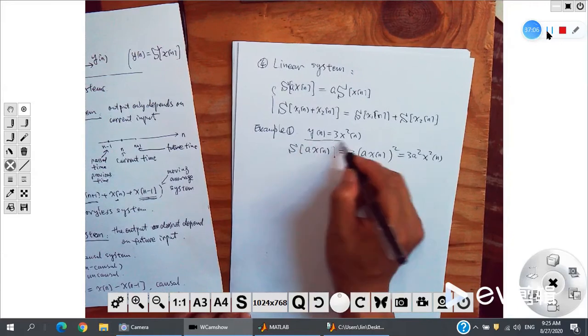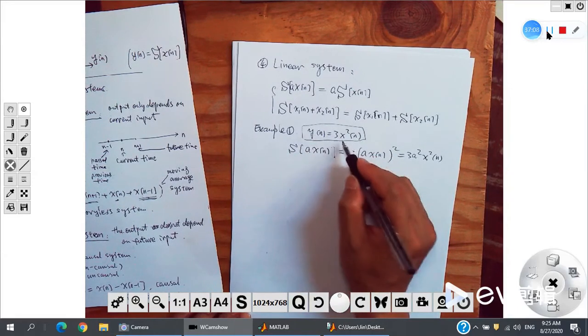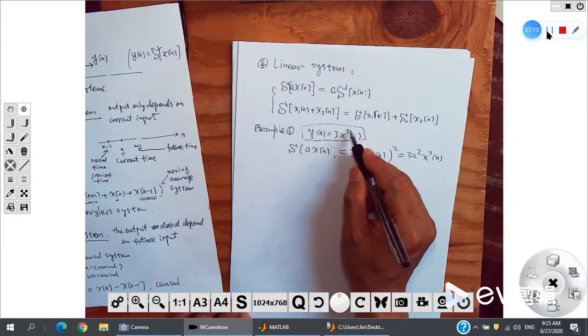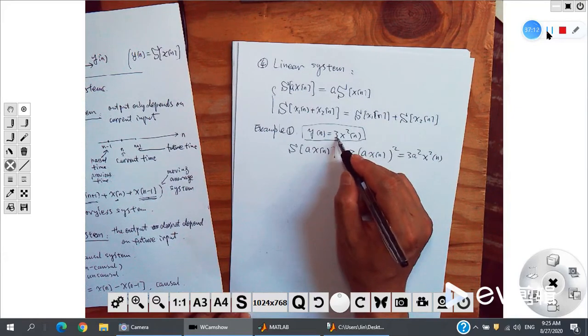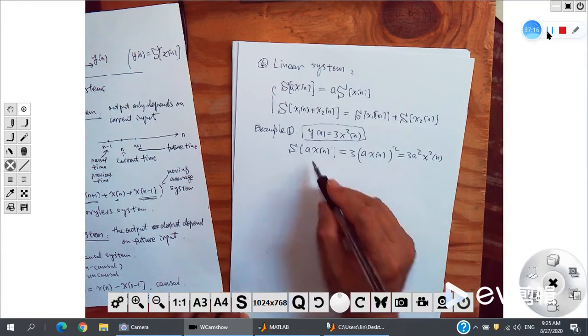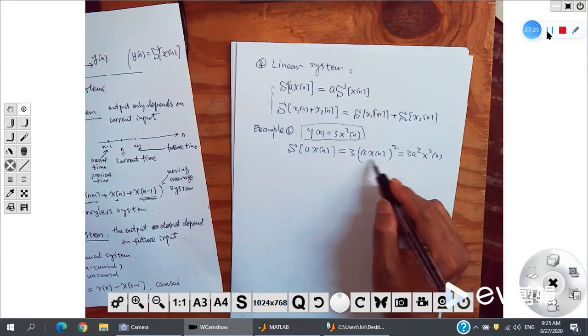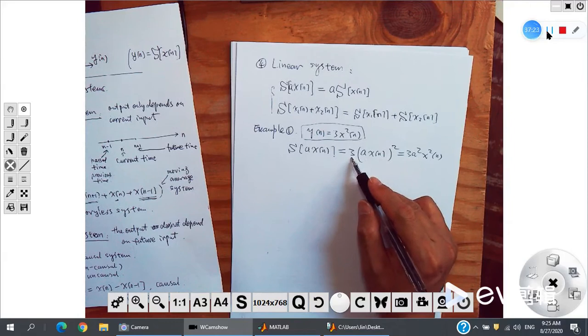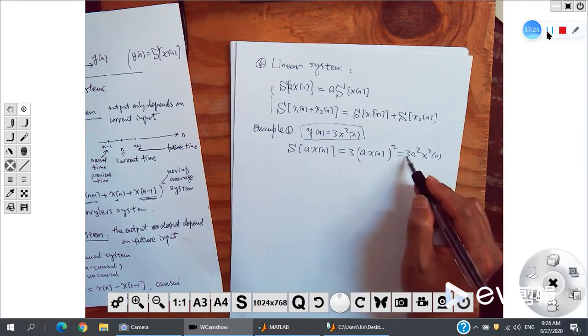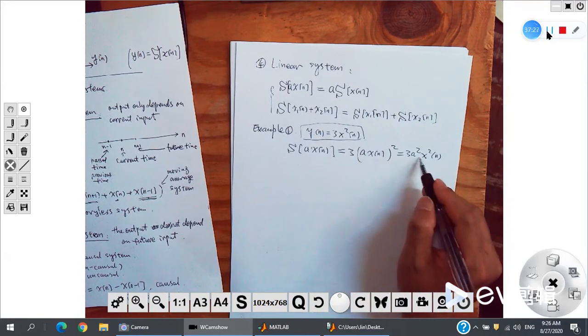This is the output related with the input: square of input times 3. Now we use a times x as input, so you need the square of input times 3 as output. And this is 3 times a squared times x squared.